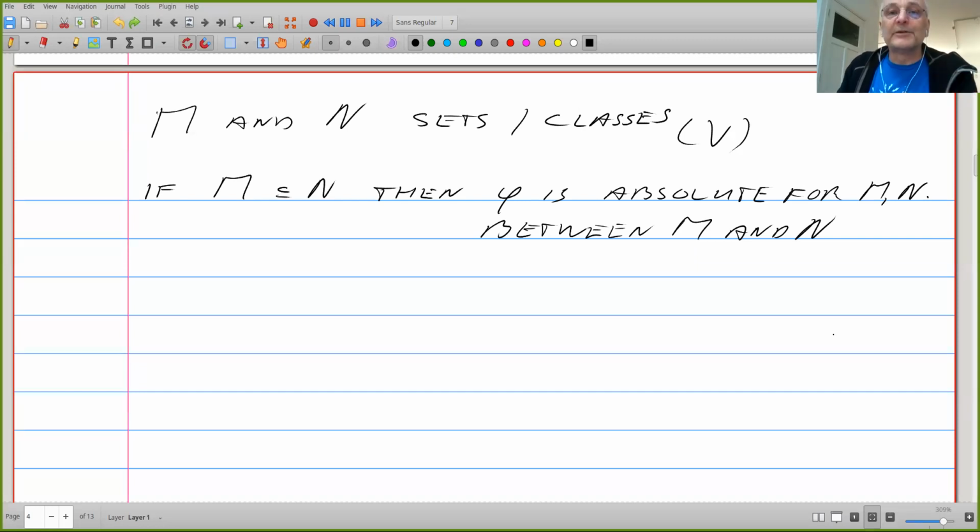Phi is absolute between M and N, for M and N, for M comma N. All those are synonymous if the following holds. Okay, this is ugly.